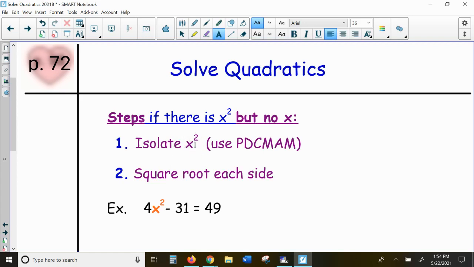Now, obviously, it could be an a squared or b squared or c squared or a w squared or a v squared. It doesn't really matter. You know what we mean. They can use any variable they want. And then the next step is going to be to square root each side. Pause your video, and then we're going to do the example together.